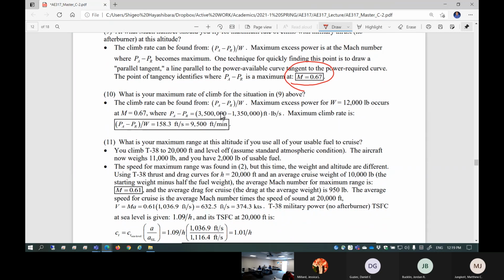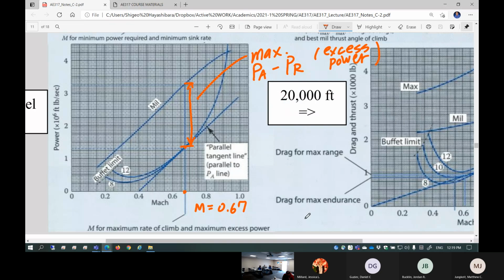You are going to find the excess power. Excess power can be read off from the chart at Mach number 0.67, okay? So maximum excess power. This is the power available. What's the value? This is like 250,000 foot-pound per second.